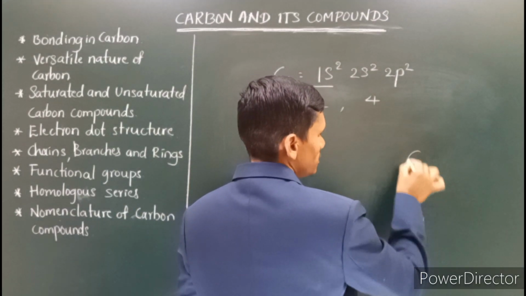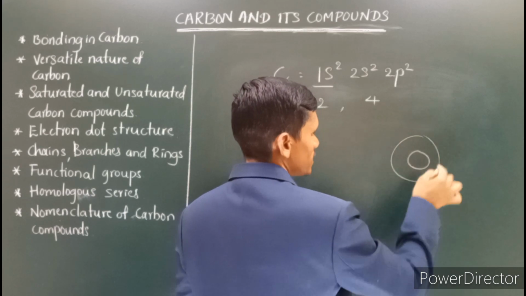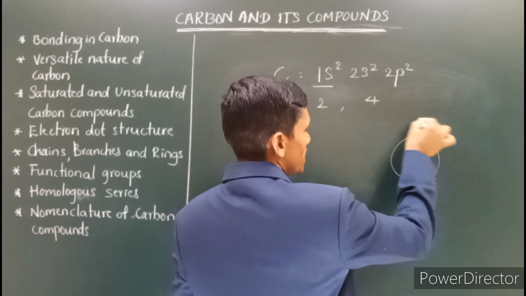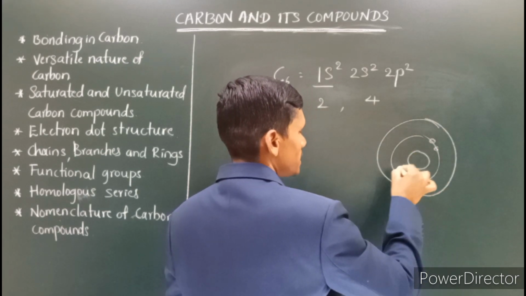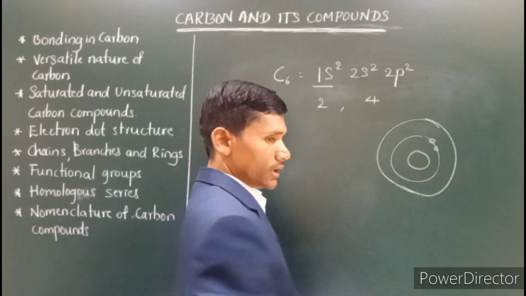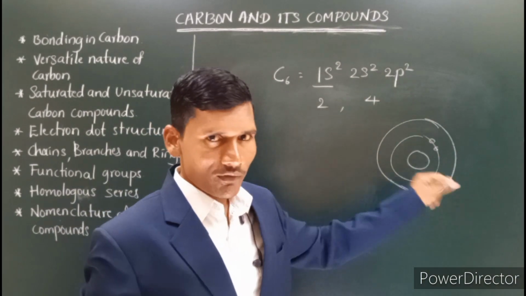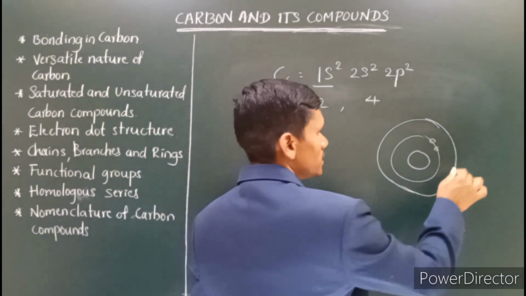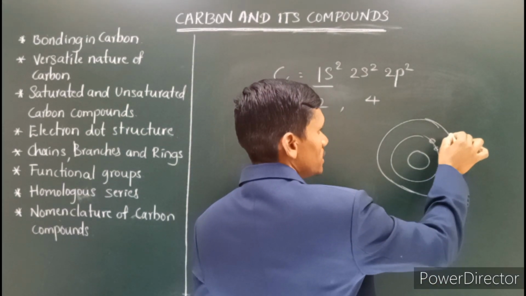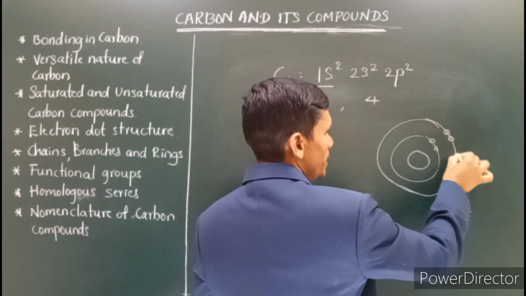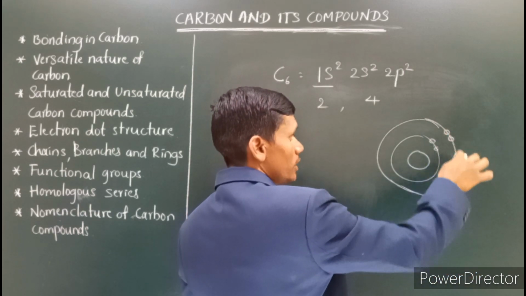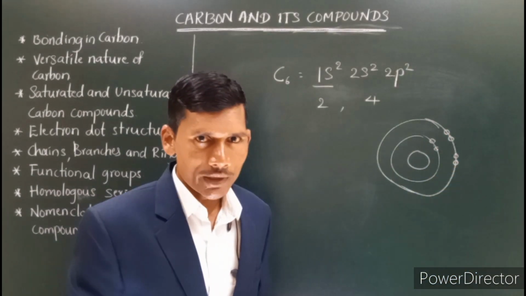If you take carbon, this is the nucleus, this is the first energy level, there are 2 electrons. And in the second energy level, there must also be 8 electrons, because this shell has to be completely full, but it has 2s2, 2p2, which means there are only 4 electrons in the outermost orbit.